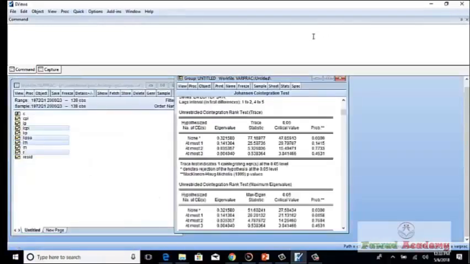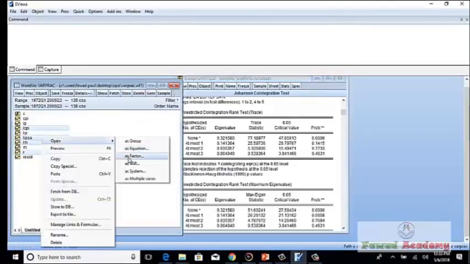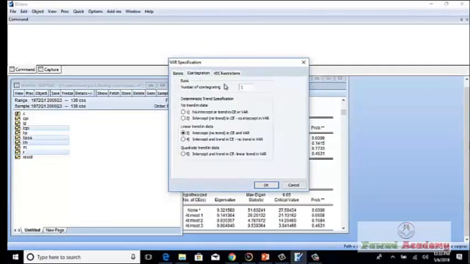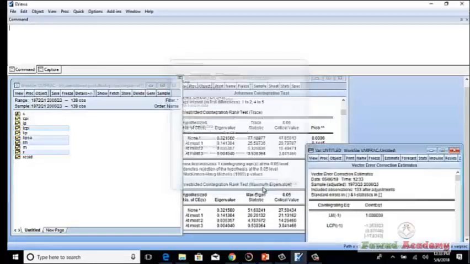So go to the vector error correction model: click Open as VAR, select Vector Error Correction, mention the lags 1, 2, 4, 5, click Cointegration, set the number of cointegrating equations equal to 1 and then click OK.